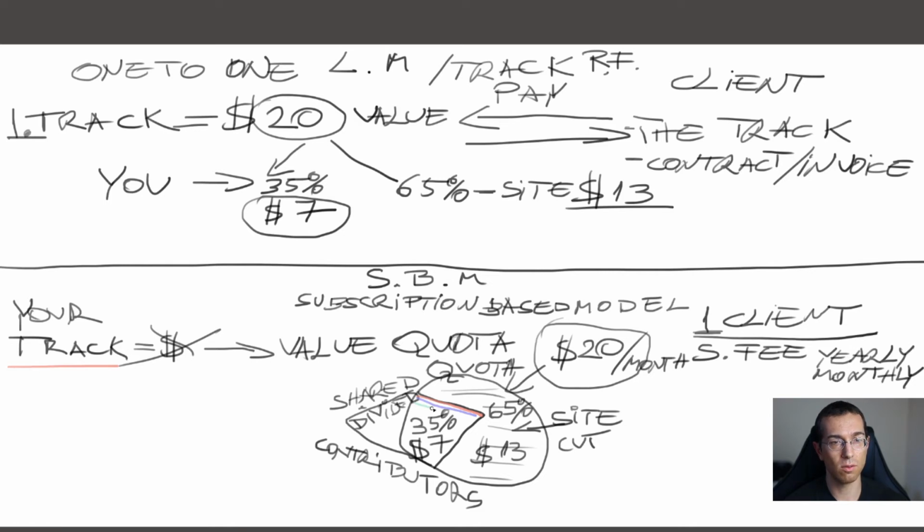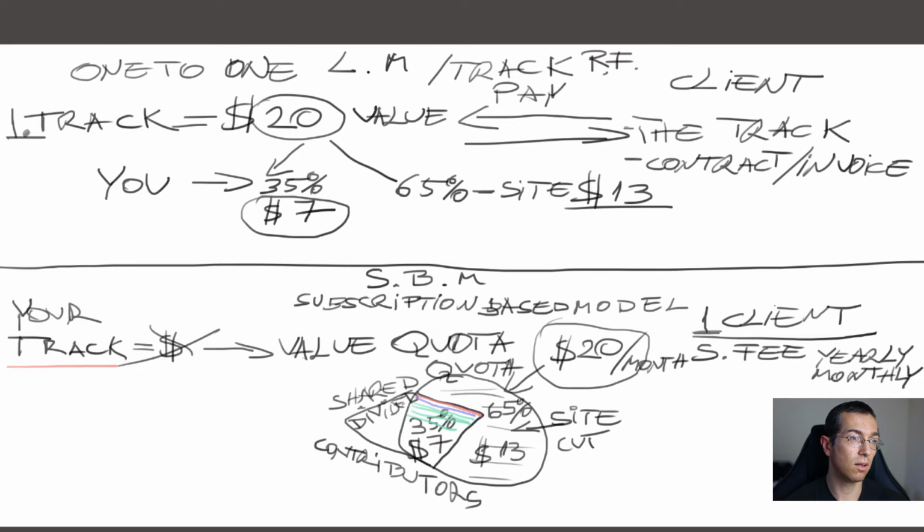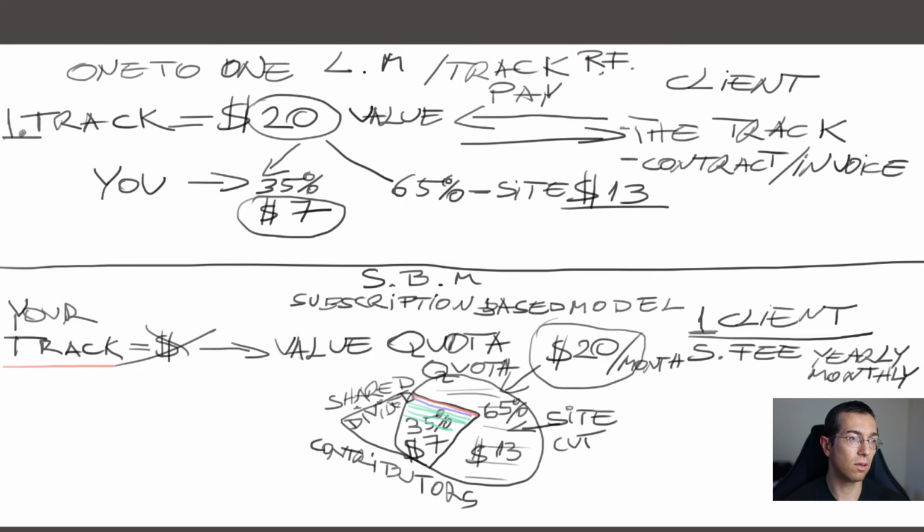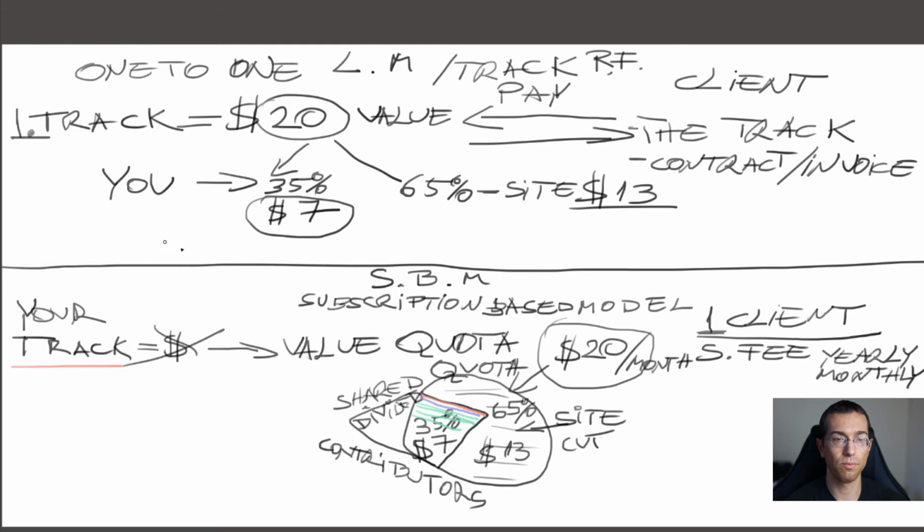So I'm trying to show that these are all tracks, other tracks also downloaded, in different colors. A lot of tracks are downloaded.